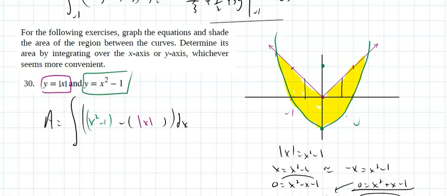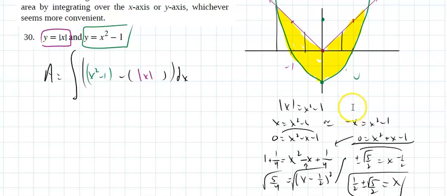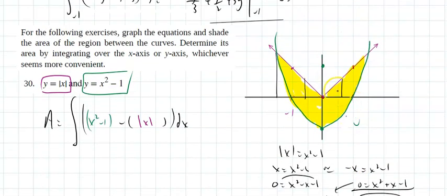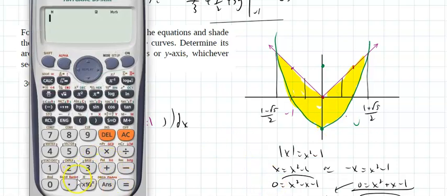So we know that they cross at 1 minus radical 5 divided by 2 and 1 plus radical 5 divided by 2. Now why am I not so convinced? Let me double check what these numbers are. If I take 1 minus square root of 5 divided by 2, that is negative 0.6.